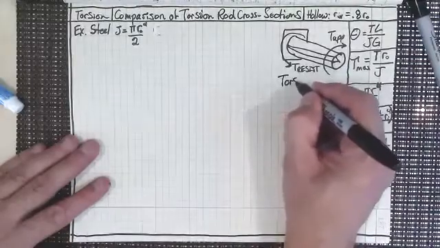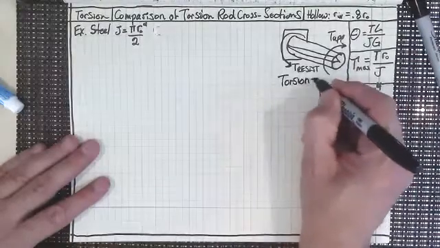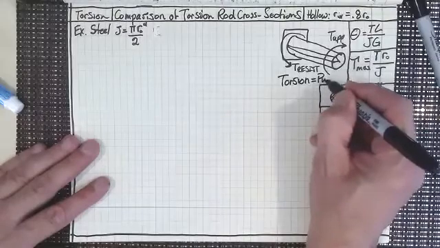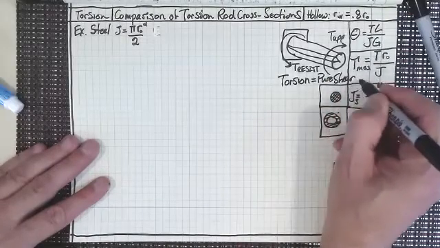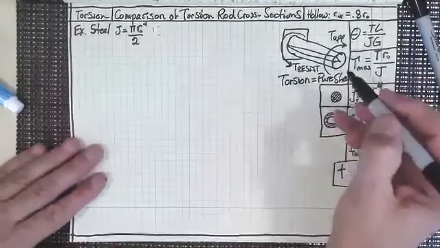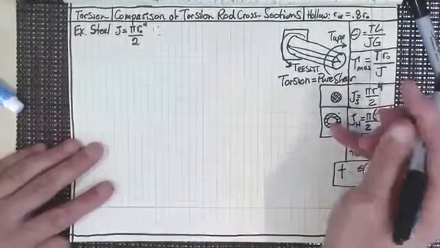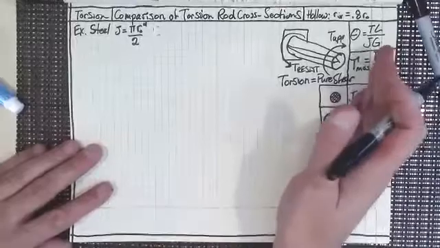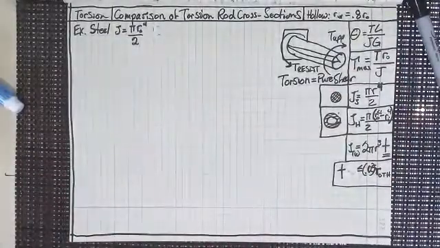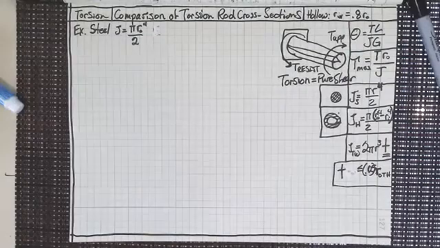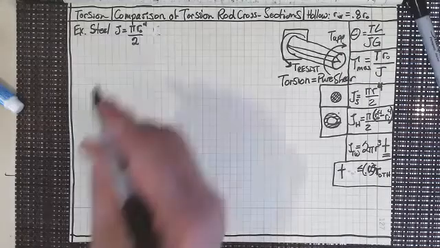Torsion equals pure shear. Everything that's done in torsion is in shear, not in normal forces whatsoever. Now, what was I writing down there? Steel and G. All right.